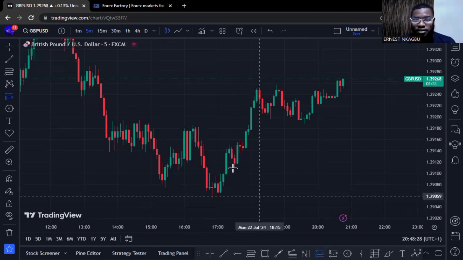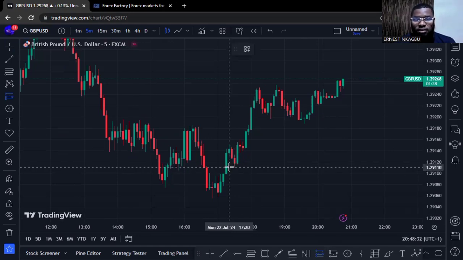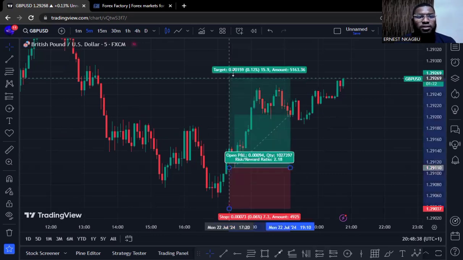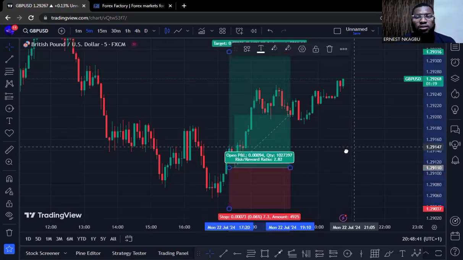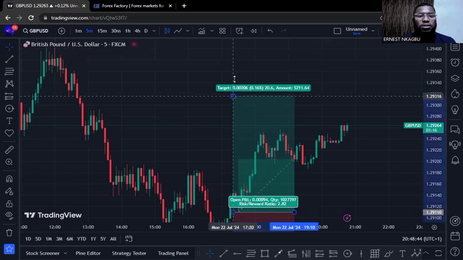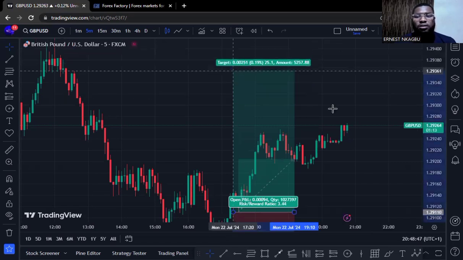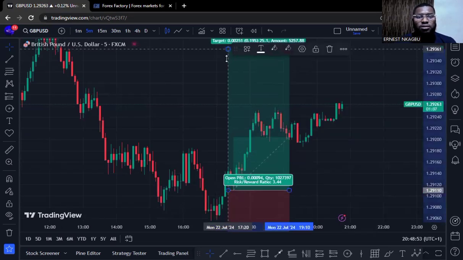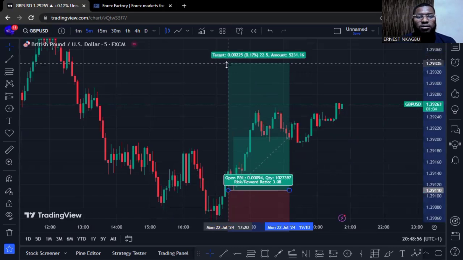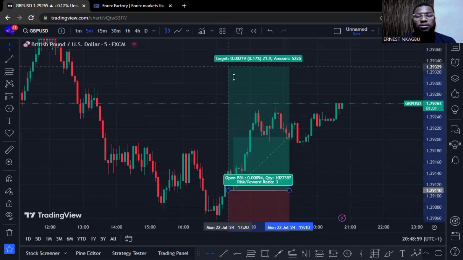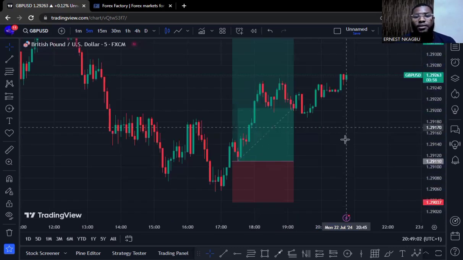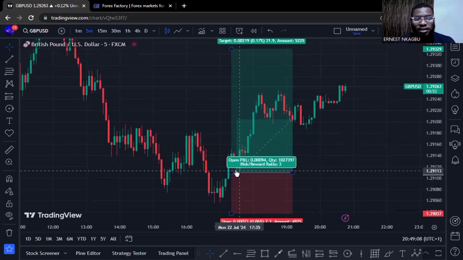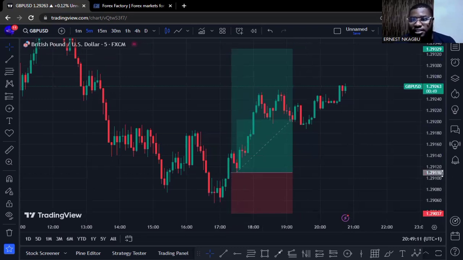If I buy, let me just give an example. Okay. So let me say I actually buy this market. I buy this market here at this entering point. So looking at here, this is our entering point.